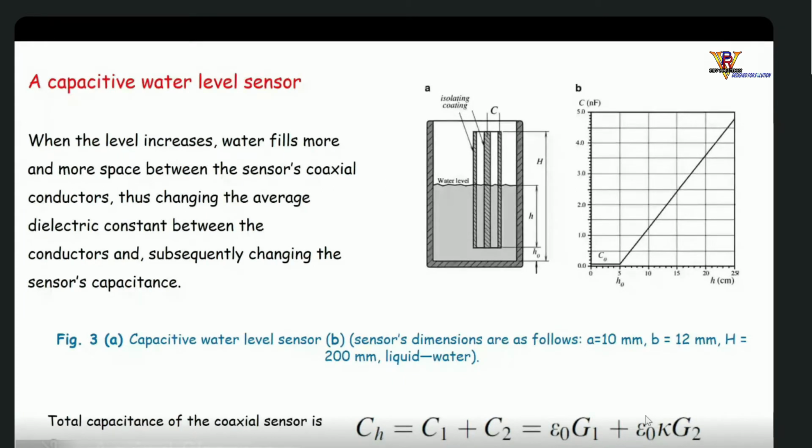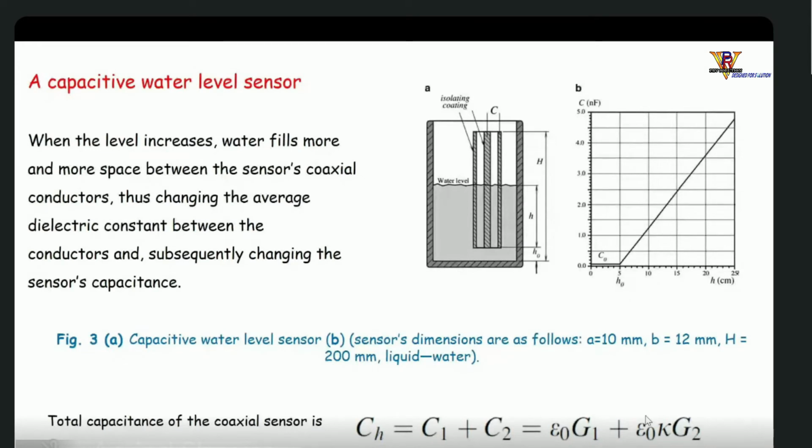If we want to turn the tap on so that the tank can be filled with water, or if we want to stop the tap automatically when water reaches a particular level, for that we can use this capacitive sensor to sense the level of water. In place of water, we can take any other type of liquid. We can sense the level of any type of liquid with the help of a capacitor.